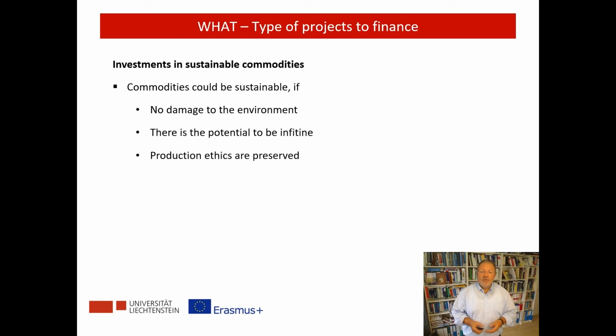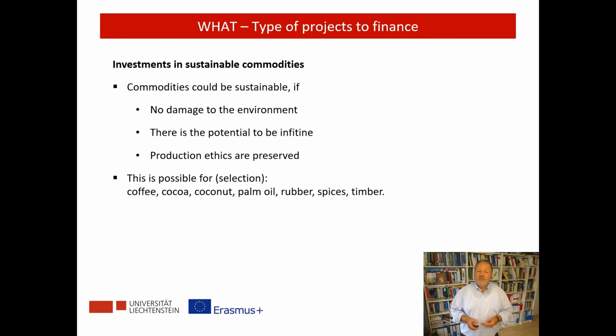Then we have also investments in sustainable commodities. Commodities that are sustainable if no damage to the environment is caused, if there is the potential to be infinite, and if production ethics are preserved.